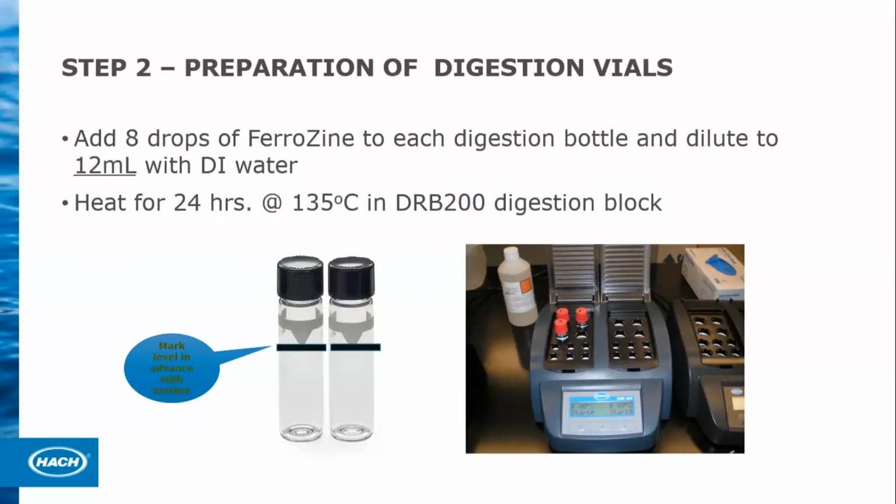The way to clean those is to put in 8 drops of Ferrozine and 12 mL of DI water, and heat for 24 hours at 135 degrees C. That's going to clean your digestion vials. Once you clean these vials, as long as you keep them closed, you don't need to do this every time you use them.